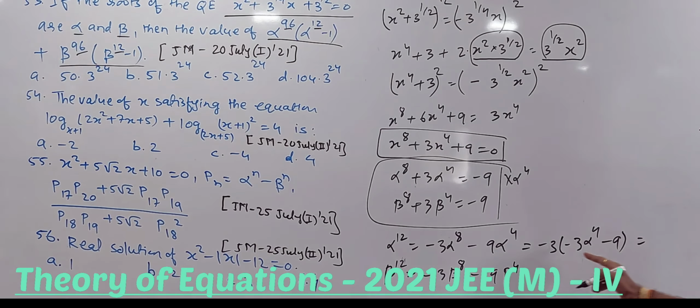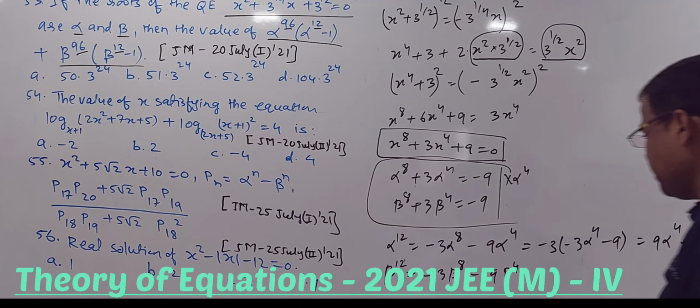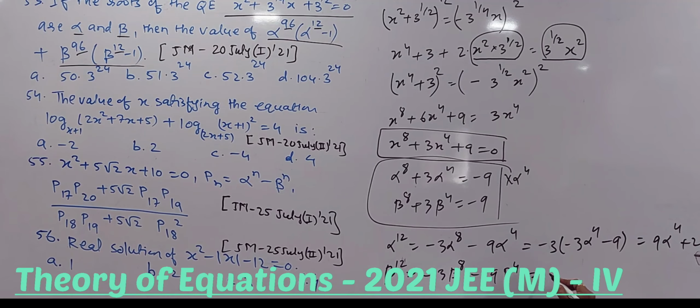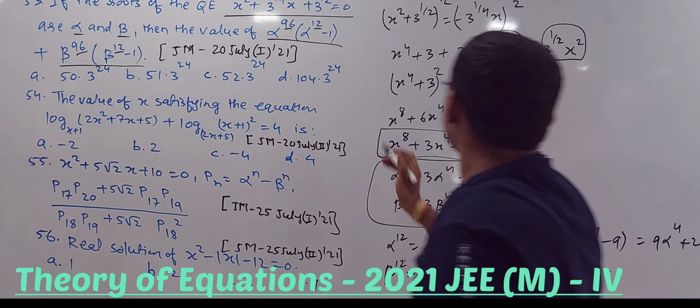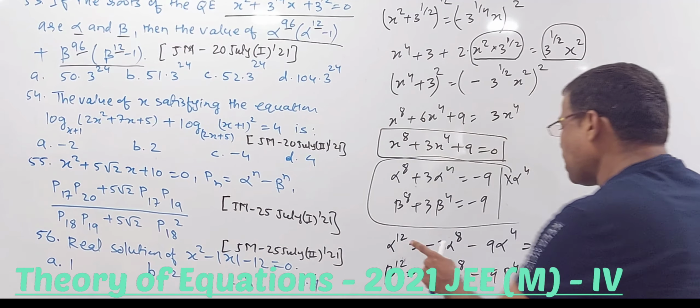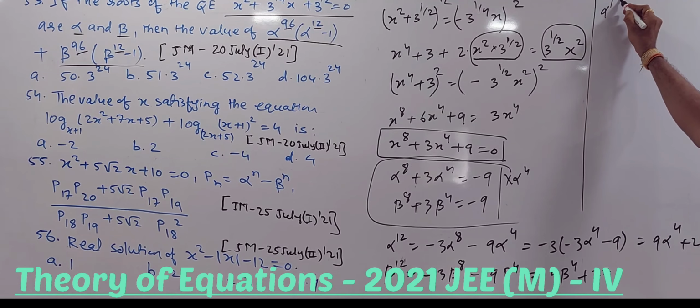So it gives me 9 alpha power 4 plus 27. Similarly we have beta power 12 as 9 beta power 4 plus 27. That is what we are getting. Now jump to this, alpha power 12 minus 1. So alpha power 12 is here, so alpha power 12 minus 1.